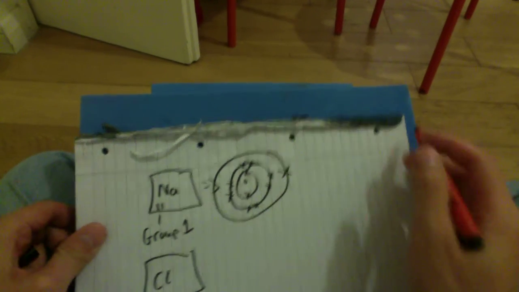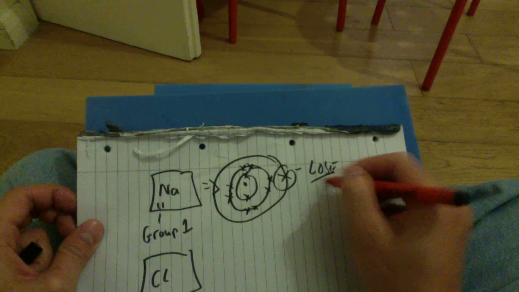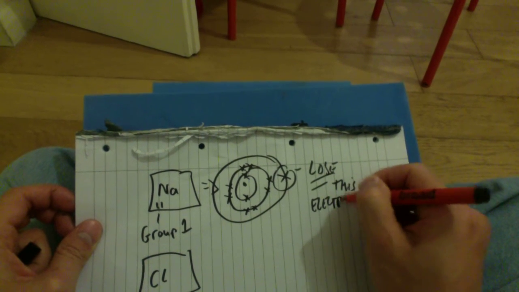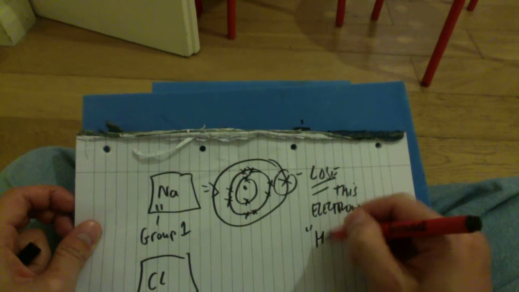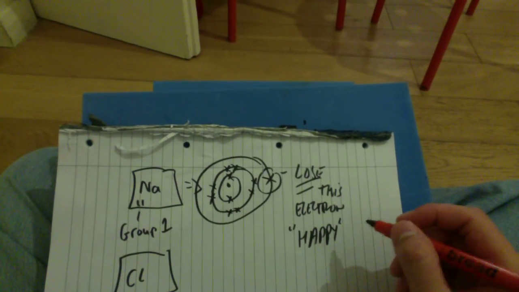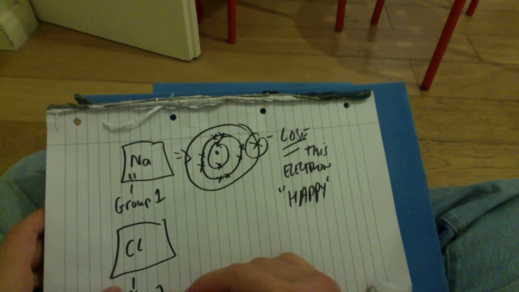So sodium is trying to lose this electron so it can be happy. Remember the octet rule, 8 electrons. Now chlorine is in group 7. Let's draw this.